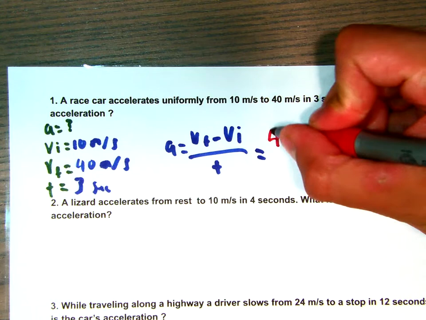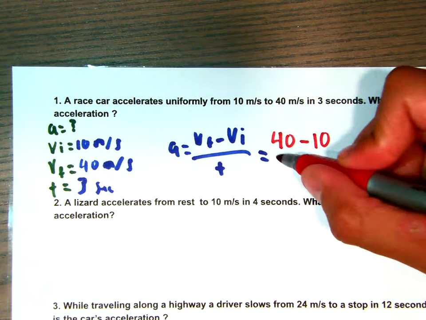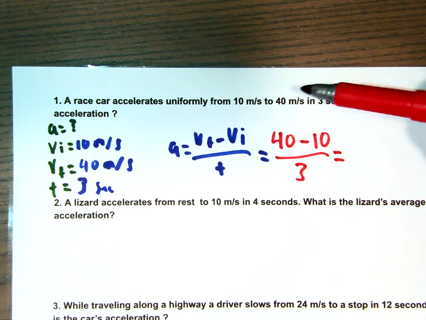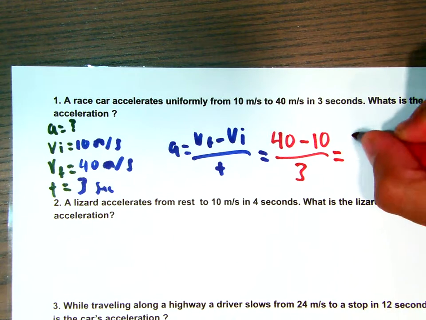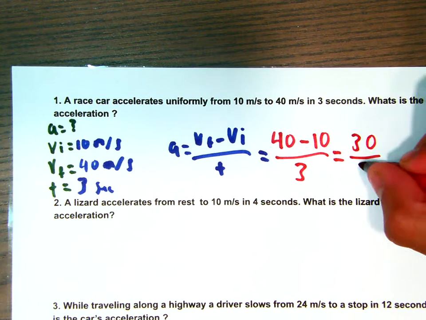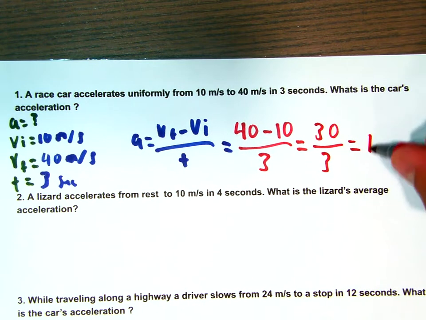So it's 40 take away 10 divided by 3. Okay, that's going to give me 40 take away 10 is 30, divided by 3. Well, 30 divided by 3 is just 10.